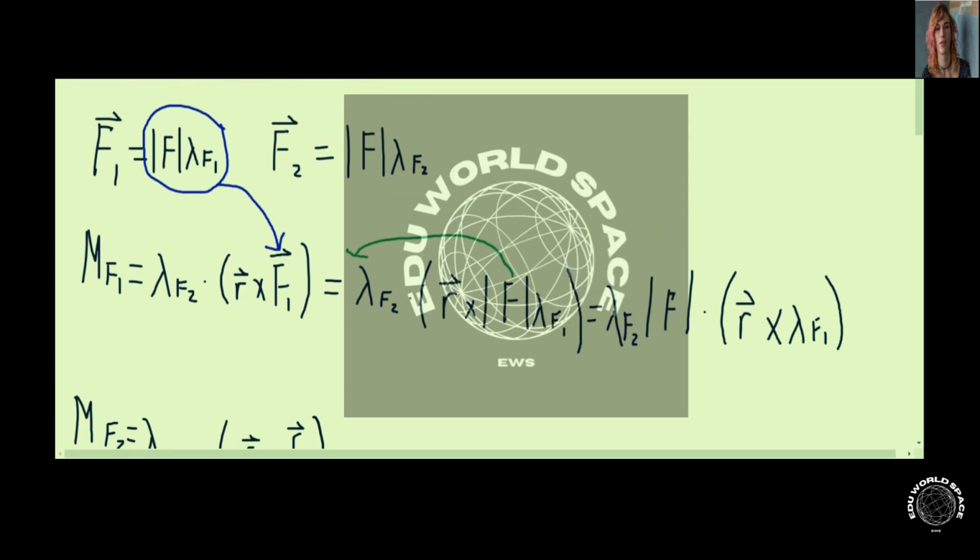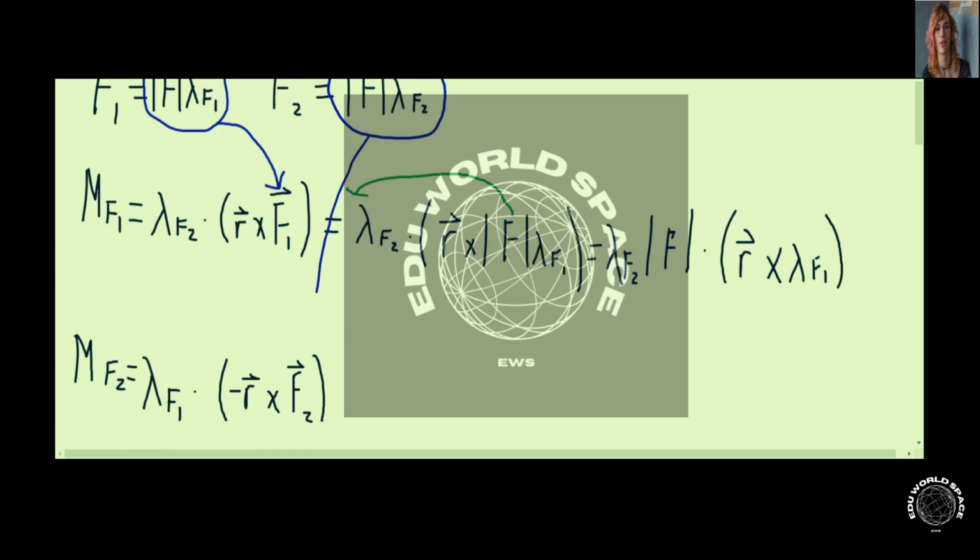And we can take this term and plug it into this term. So then that's going to be equal to the unit vector of F1 dot negative r vector cross magnitude of F times the unit vector of F2.